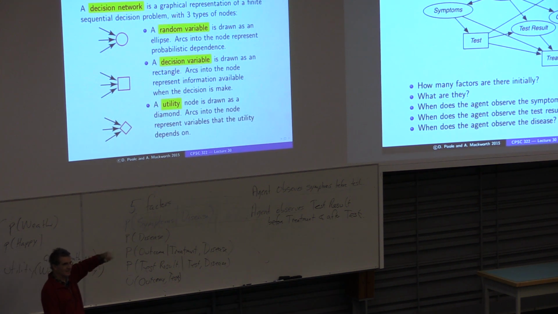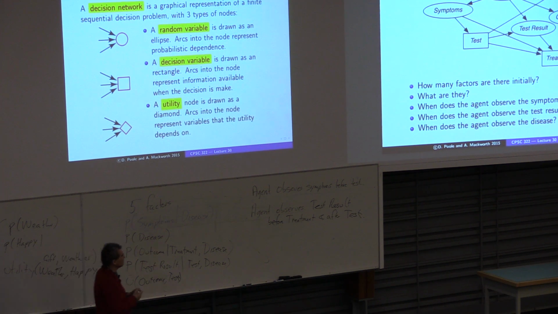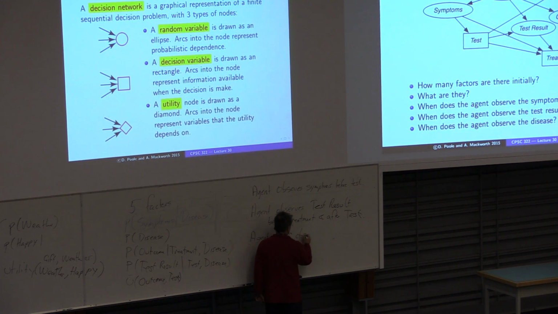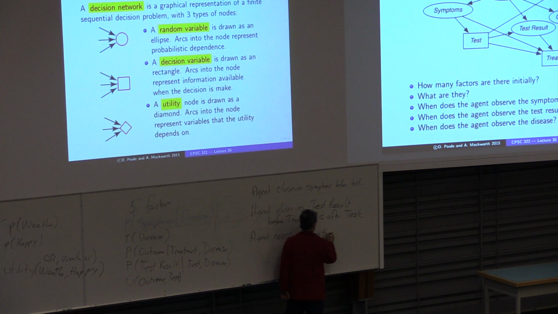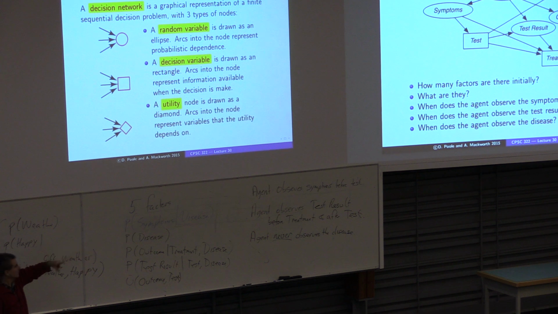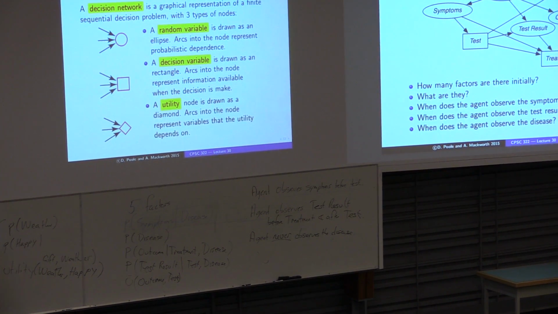Doesn't, right? It doesn't observe the disease. The agent never observes the disease. Which is pretty typical in these things, right? The only things it gets to observe are symptoms and the test results, and then it has to make a decision about what to do according to this model. Does that make sense about what all these funny arcs mean in here? So this is the information that's available to this agent, so it doesn't get to observe the disease.